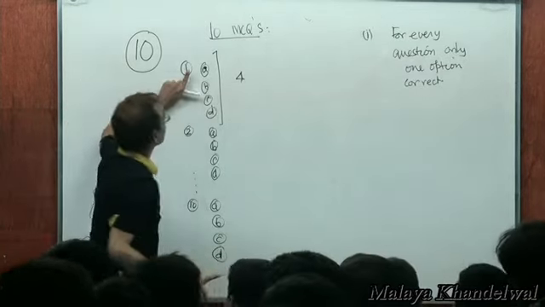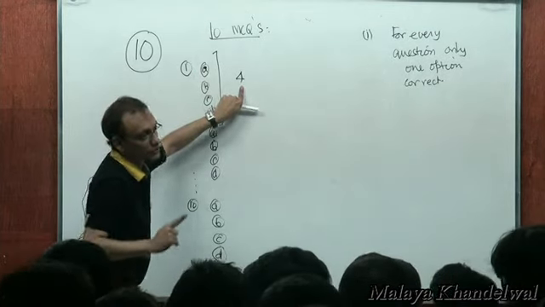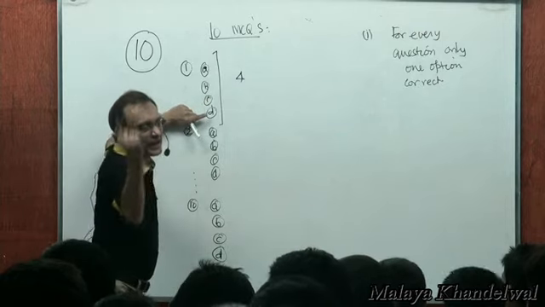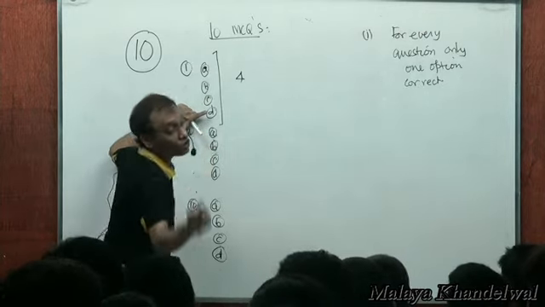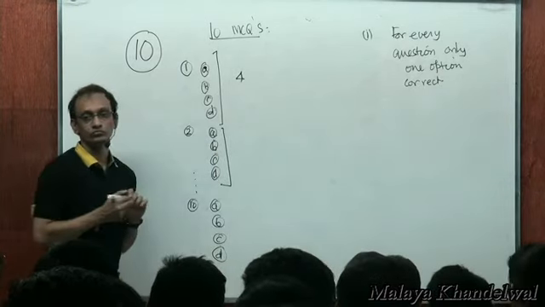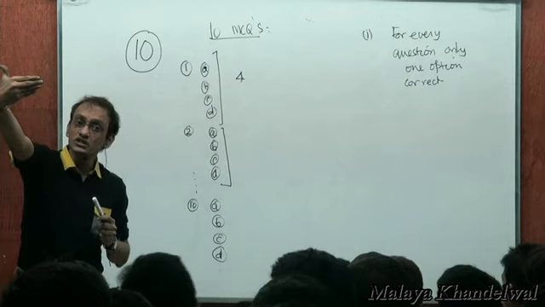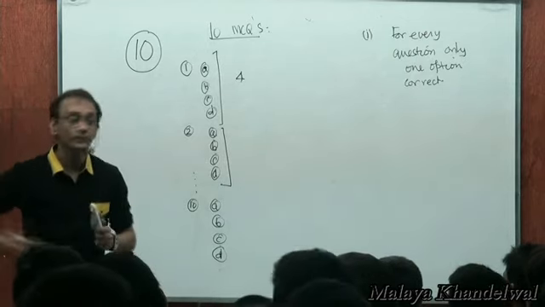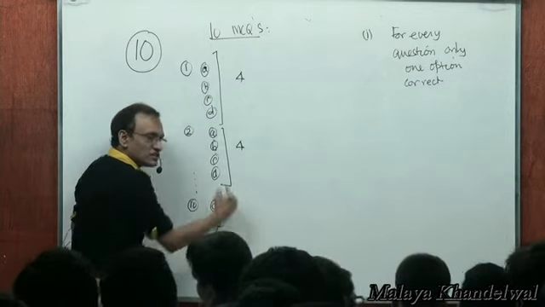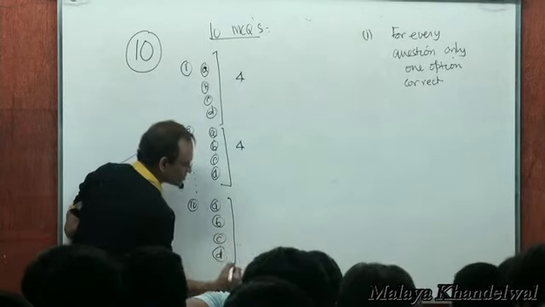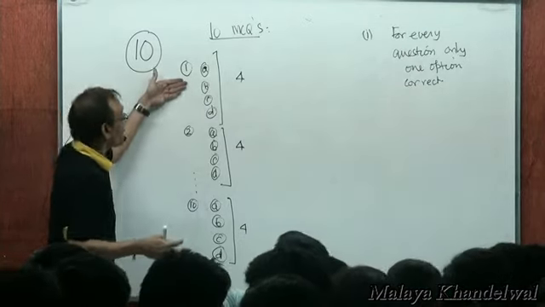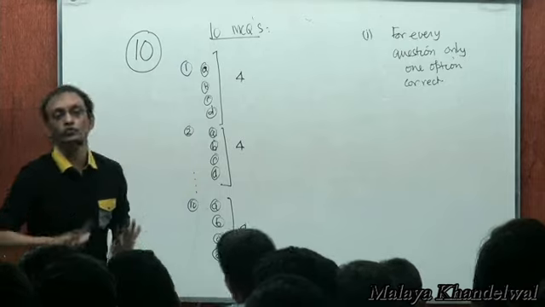Event 1 can take place in 4 ways, because event 1 could result in any one of the 4 answers coming up, A or B or C or D. Event 2 is answering question 2, which will create 4 answers, A or B or C or D. So 4 ways of answering question 2, 4 ways of answering question 3, 4 ways of answering question 10. So then the number of ways in which 1 and 2, we'll assume that all questions are answered.